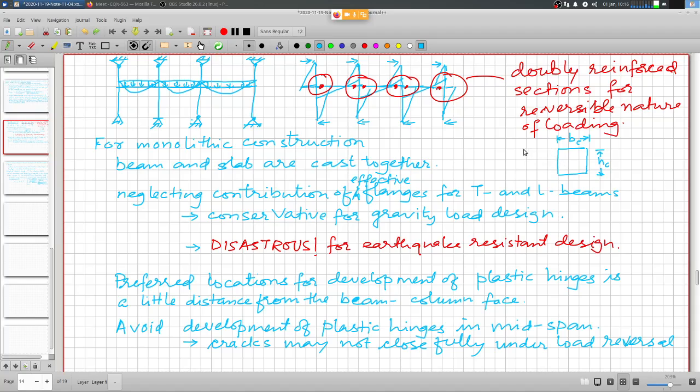So this is what, but at the most you can have beams, right.